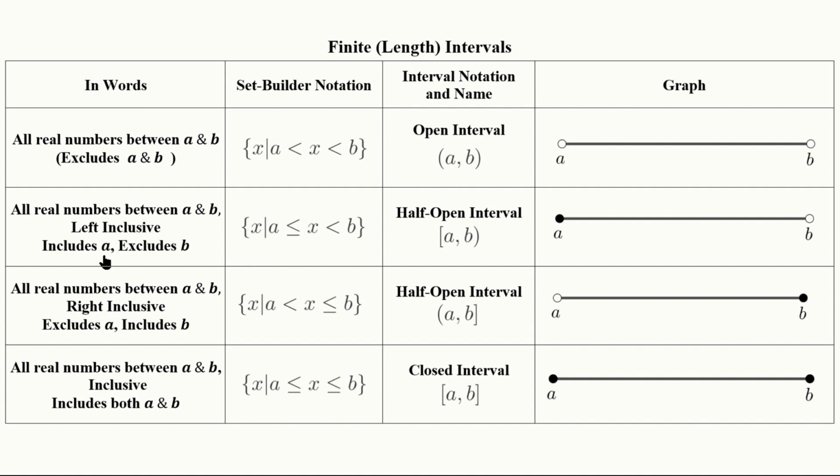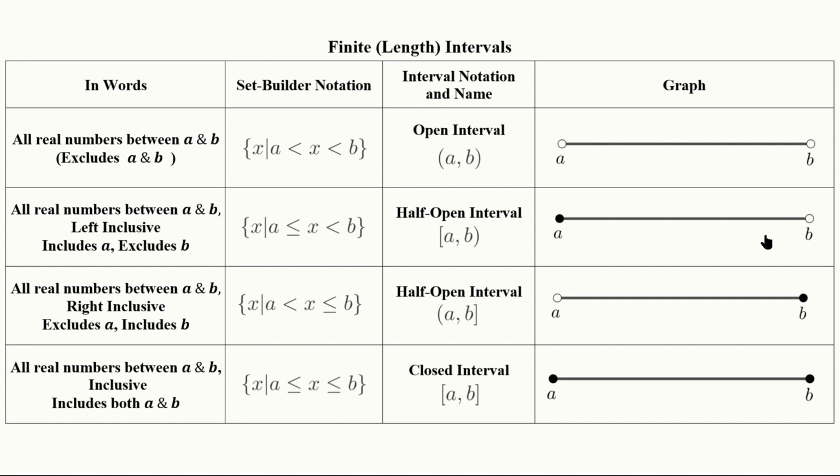So that means it includes a, but it excludes b. So it's going to look like this as far as the graph is concerned. You fill in the point representing a, and you leave open the circle representing b, and of course all numbers in between.